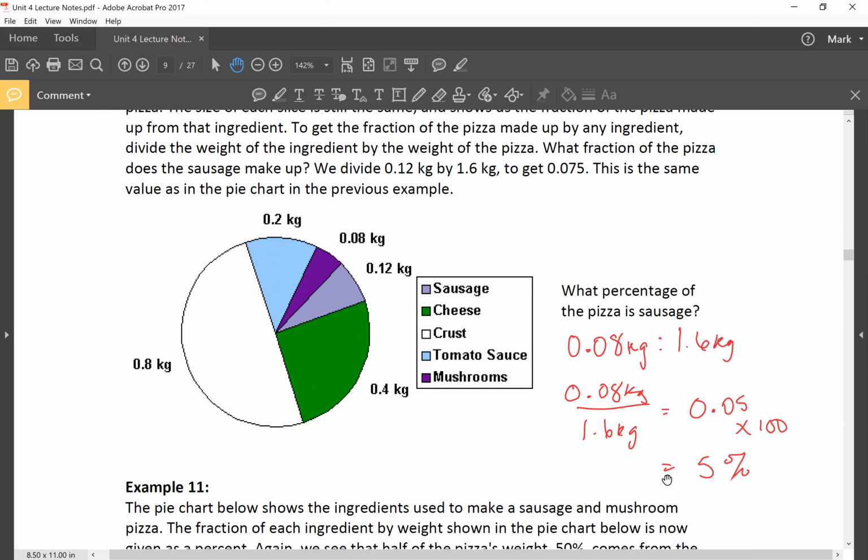All right. And by the way, my personal opinion, I don't think pie charts should be made this way.